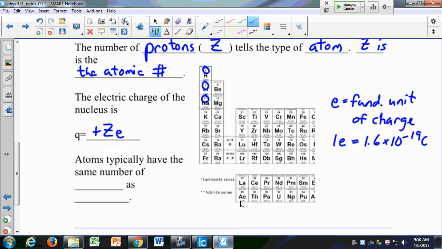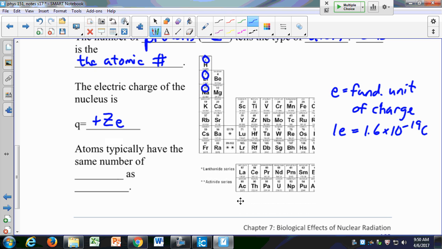Atoms will typically, not always, and we'll see that this is the case, but atoms will typically have the same number of protons as neutrons. Usually they have the same number of protons as neutrons, but not always.